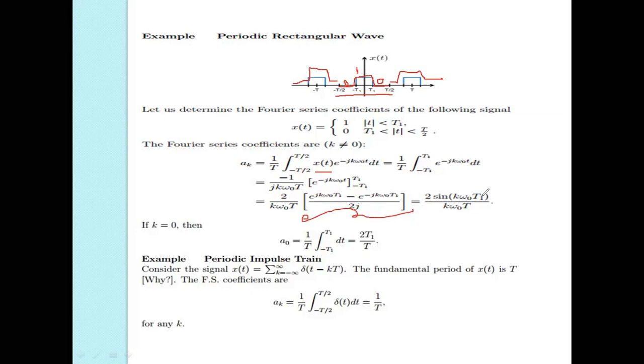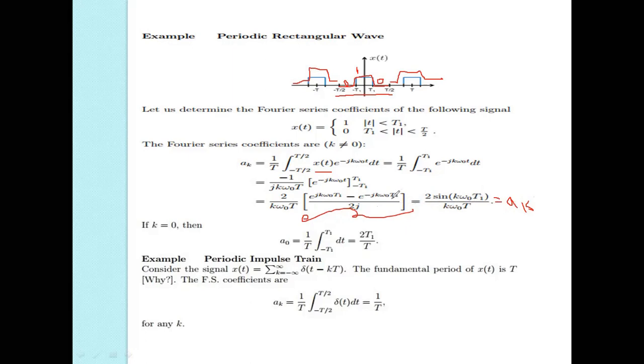K omega naught t1. So 2 by k omega naught T and sine k omega naught t1. So finally, a of k is equal to 2 sine k omega naught t1 by k omega naught capital T only. Got it, my dear students?